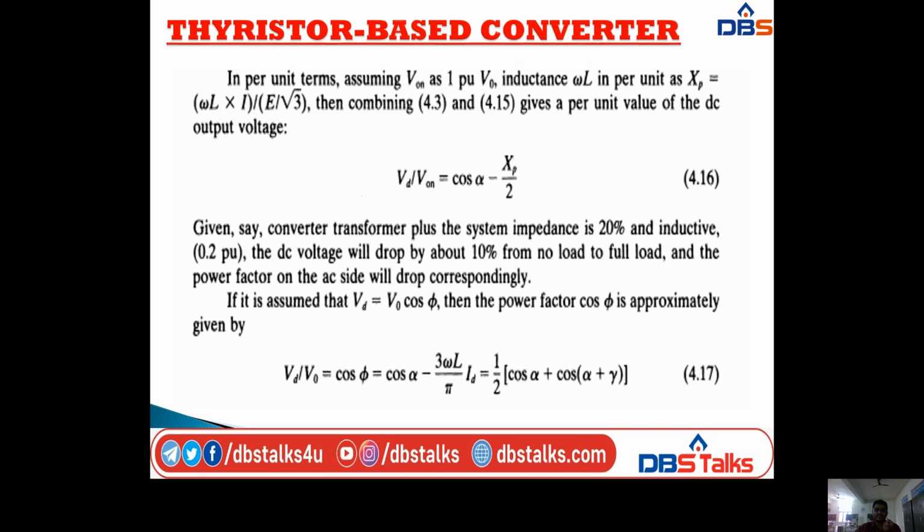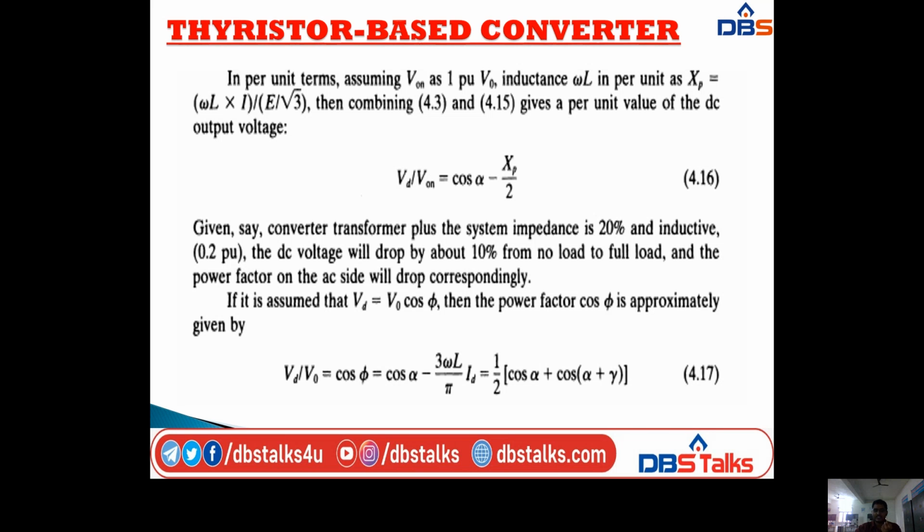So if the converter transformer plus the system impedance is 20% and inductive, that is 0.2 per unit, the DC voltage will drop by about 10% from no load to full load, and the power factor on the AC side will drop correspondingly.